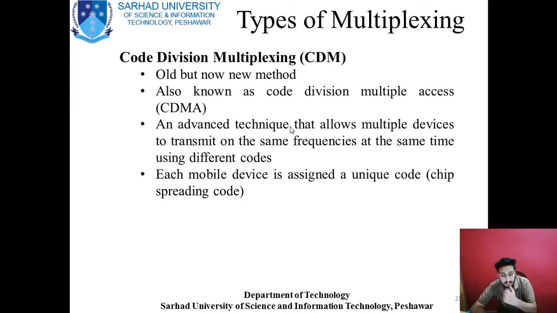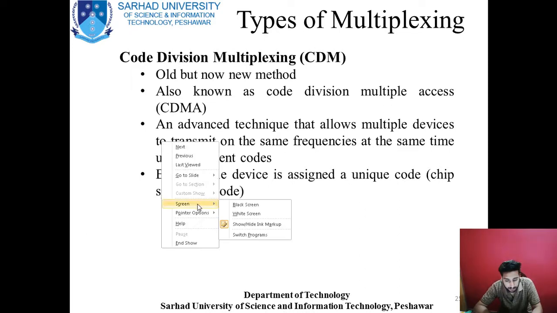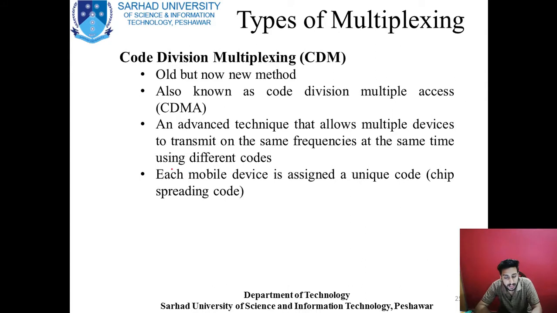This last technique, which is the most important and is used nowadays, is CDM, that is code division multiplexing. In this technique, multiple devices are allowed to transmit data on the same medium, and that too at the same time. But there are some techniques in it: you have to assign different codes to each transmitting device.